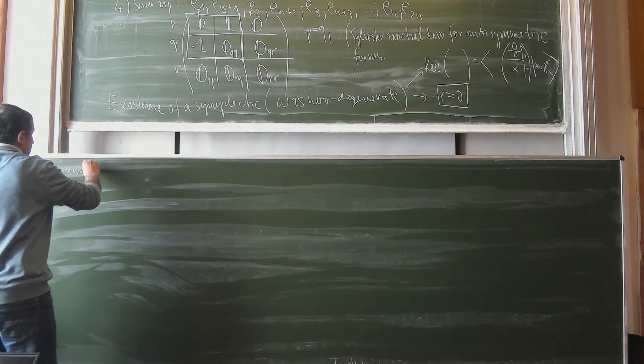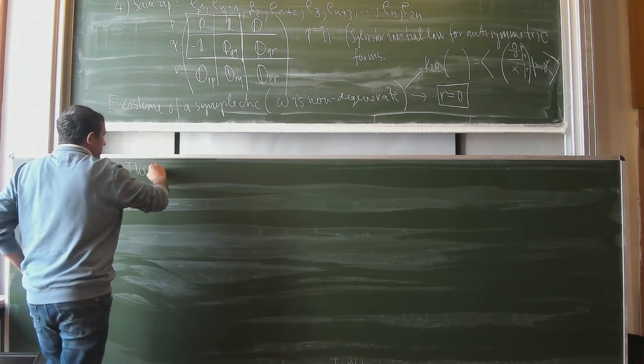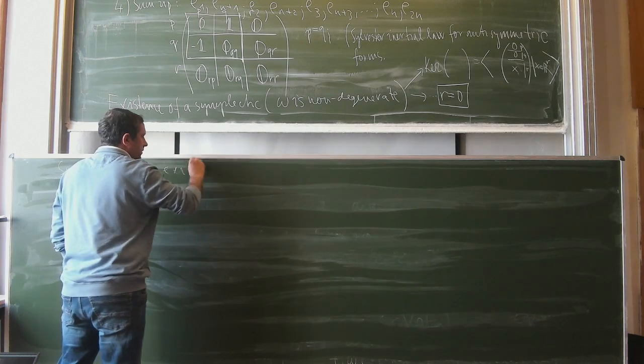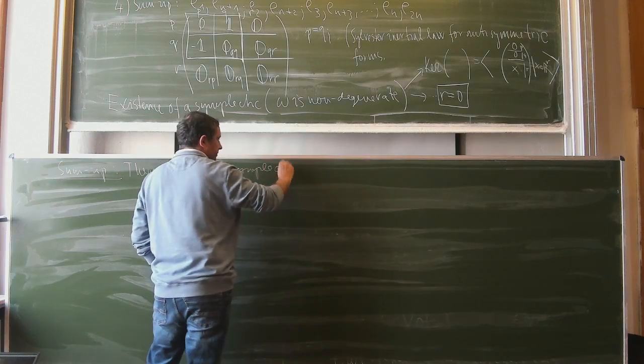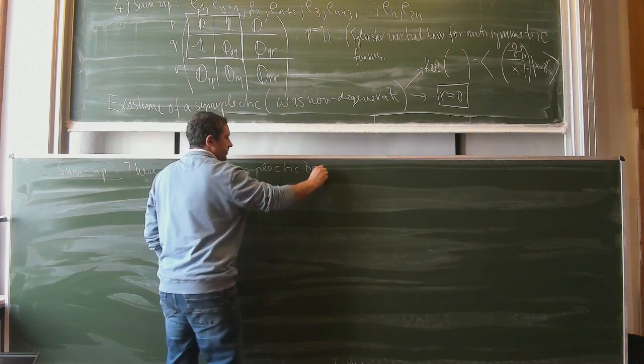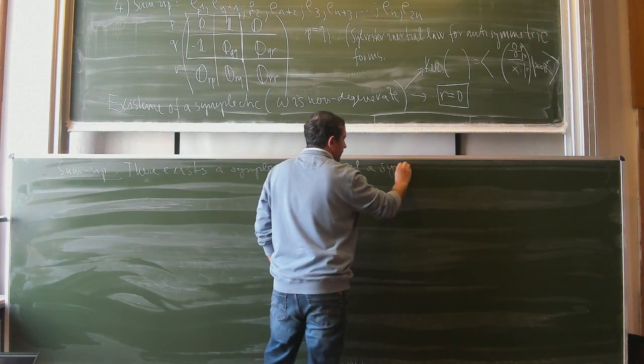So there exists a symplectic basis of any symplectic vector space.